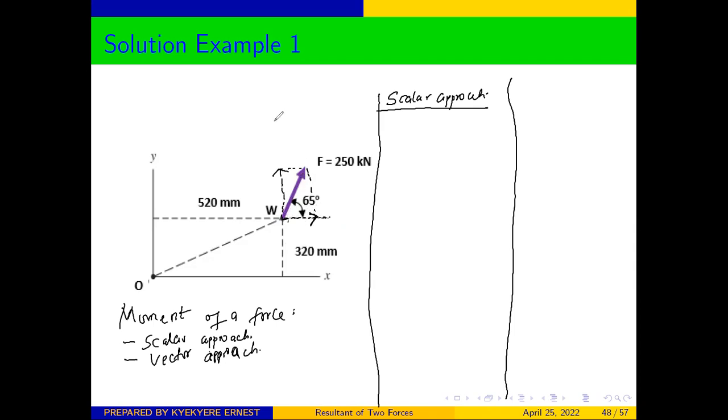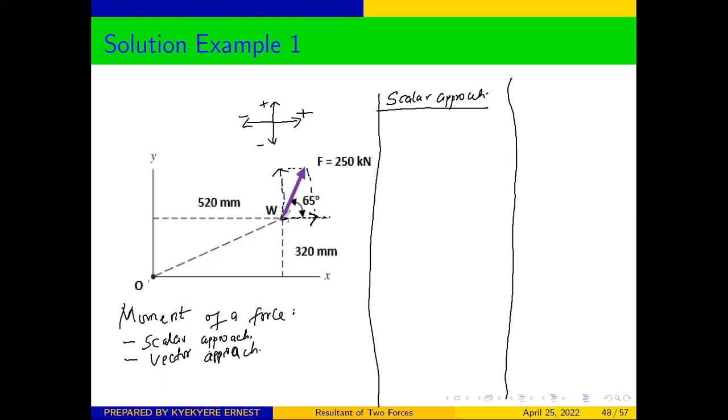Don't forget that our unit vectors are in this form. Anytime we move to the right on the X, we say that it's positive. When we move in this direction, it's negative. On the Y, up is positive, down is negative. So take note, when you are finding the moments using the scalar approach, the direction of the force is important.